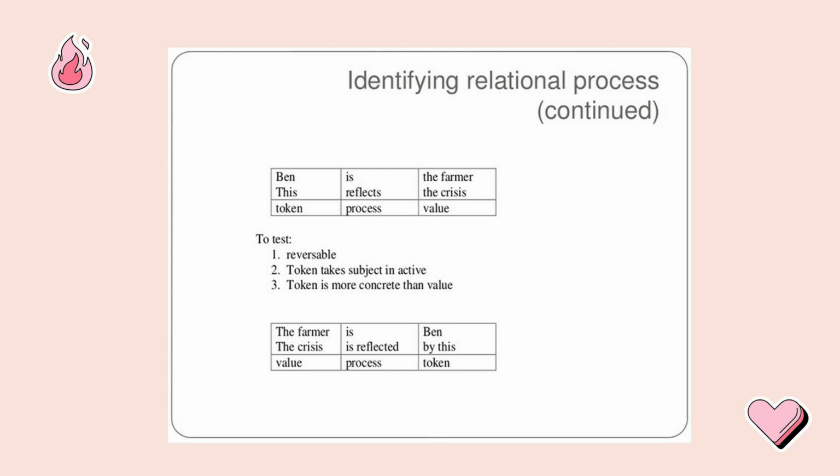The second example is "The crisis is reflected by this." The crisis is a value, is reflected is a process, and by this is a token.